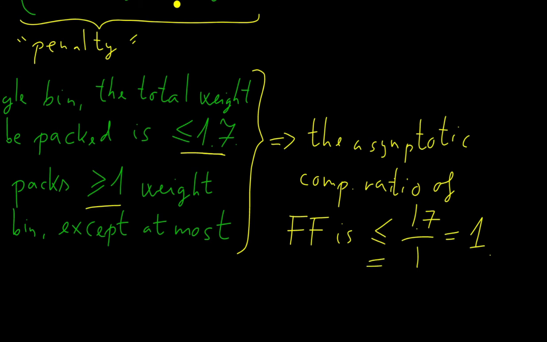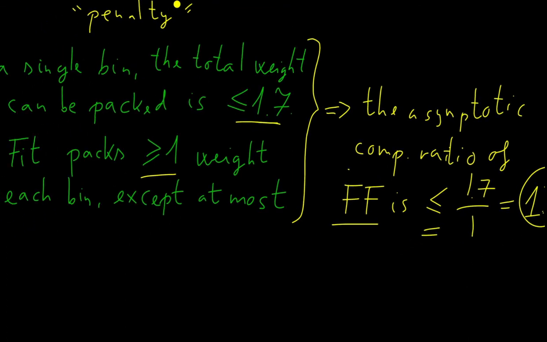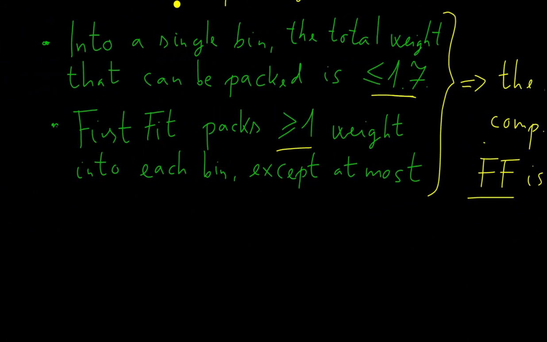You can give bad enough examples on which the first fit has a cost of 1.7. So that's what you should memorize. Say that the asymptotic competitive ratio of the first fit algorithm is at most 1.7, right? 1.7. Good. Now this we won't prove. We don't prove it here.